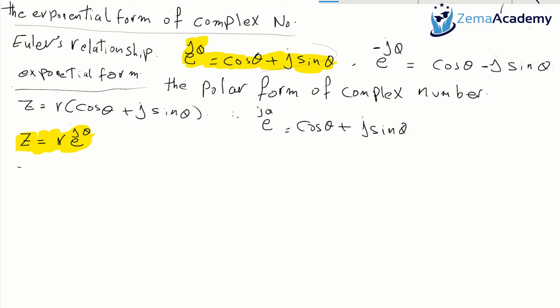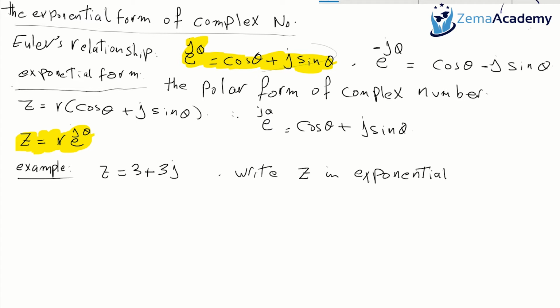Example. If you have a complex number z equals 3 plus 3j, now write z in exponential form.